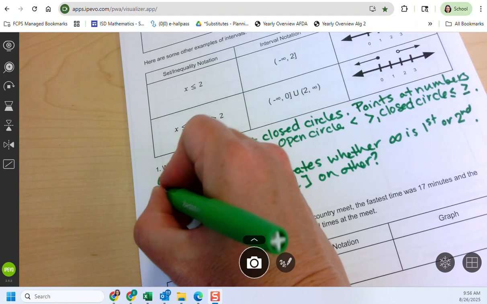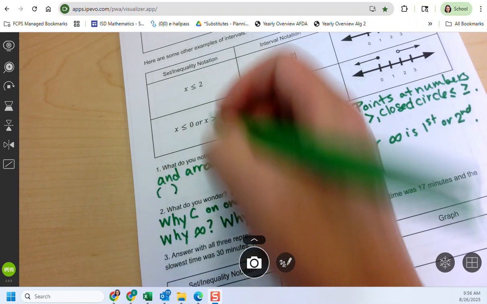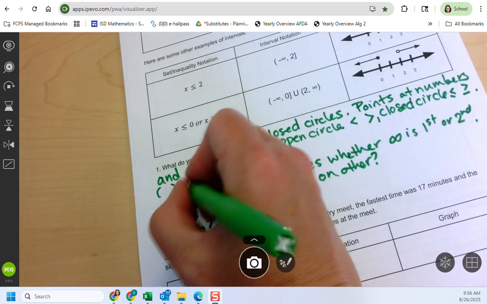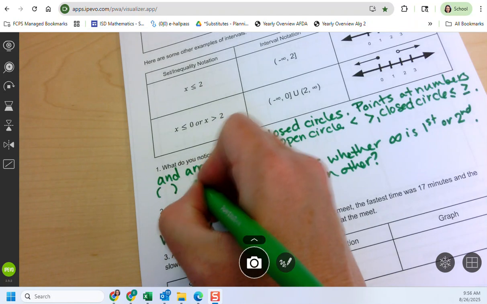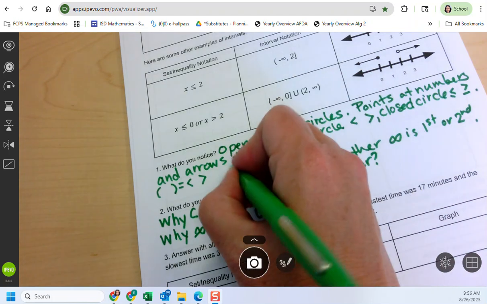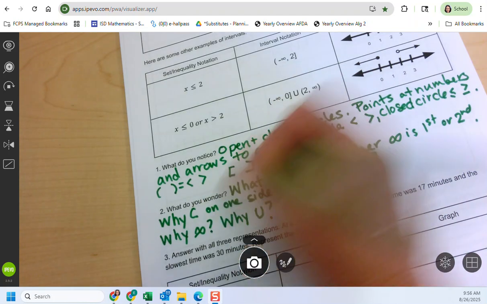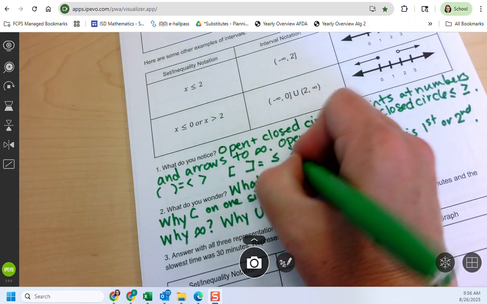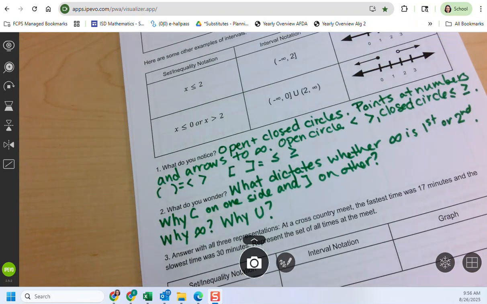Good. So the parentheses give you the less than and the greater than. And then the brackets can give you the less than or equal or the greater than or equal. Good. All right, last group up over here. What do you guys have for me?